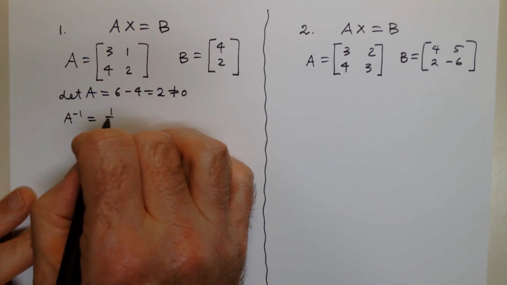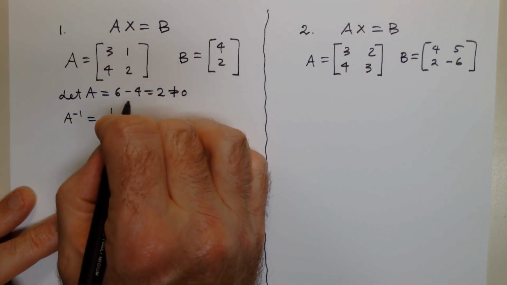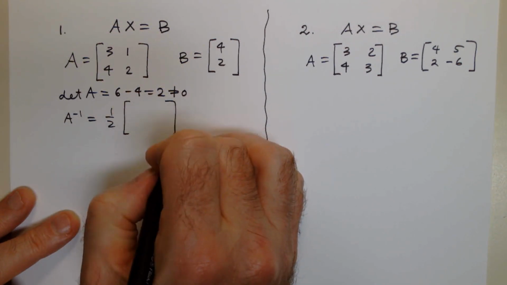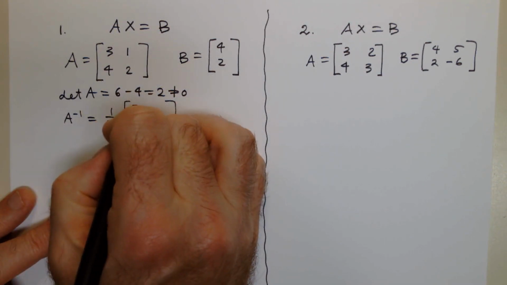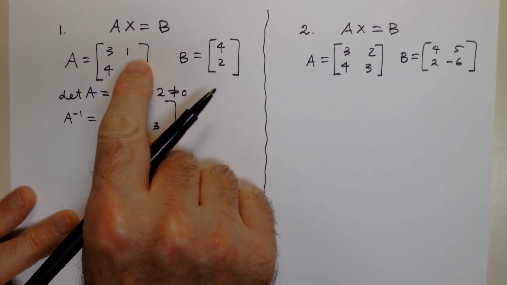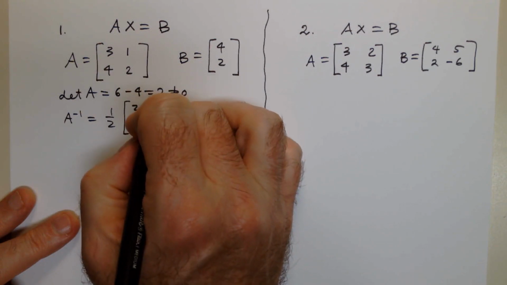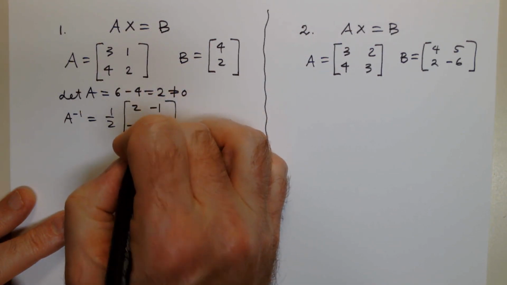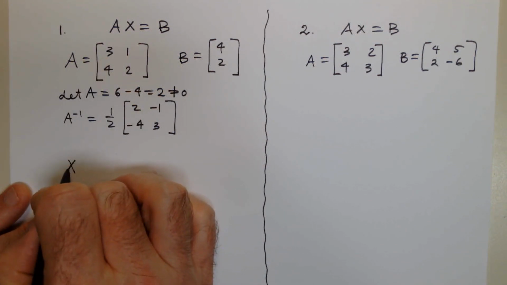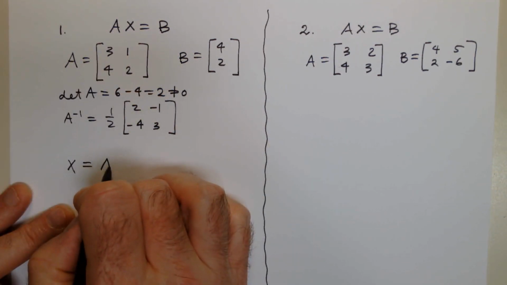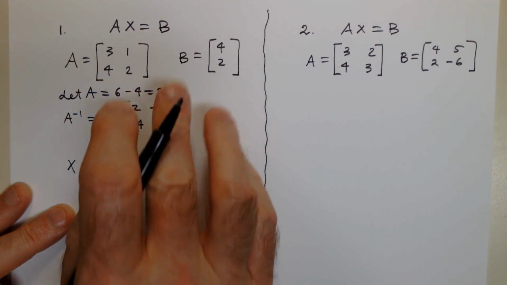It's going to be 1 over 2. And then we're going to get the rest of the inverse by just flipping the main diagonal. So it'll be 2, 3 on the main diagonal, and changing the signs on the off diagonal. So there's the 2 by 2 inverse. So in this first equation, we can say that the solution is x is going to be the inverse of A times the matrix B.